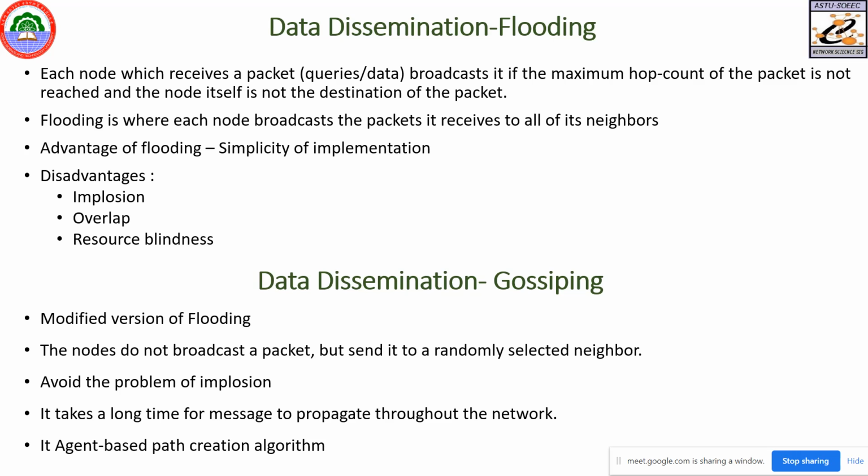Again, for these kinds of flooding based approaches, there are some limitations. As we said now, overlapping, resource blindness, and implosion problems are there. They will simply keep on forwarding the data to the neighbors without taking into consideration whether the nodes which are going to transmit have sufficient resources available or not.